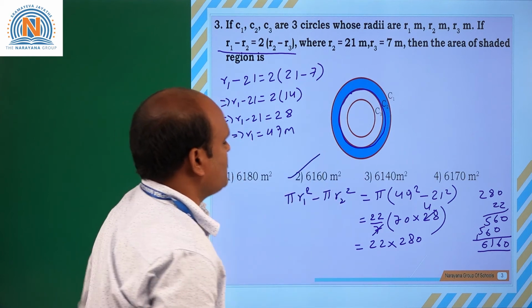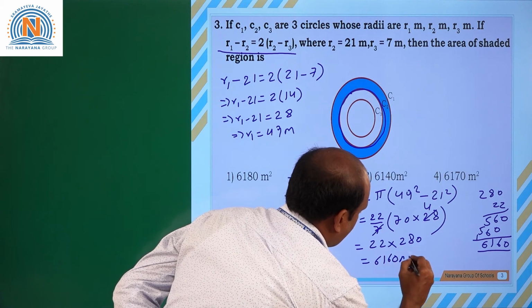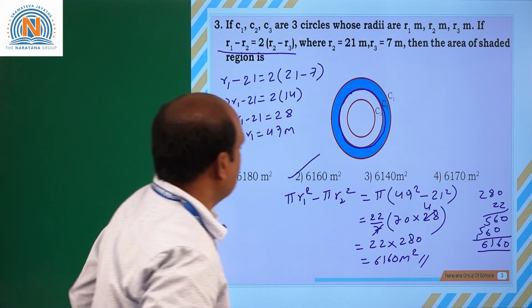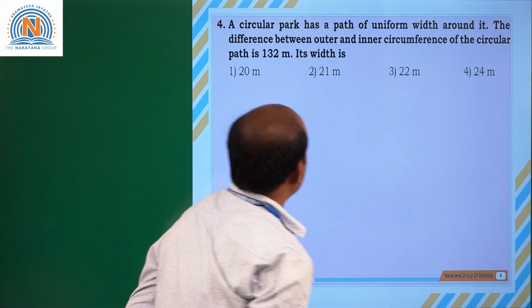So option 2 is the correct answer, that is 6160 meter square. That is option 2 is the correct answer. Now coming to the next one.